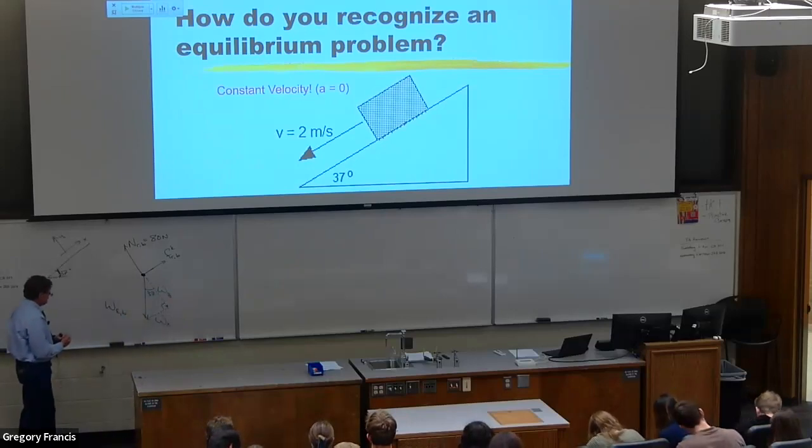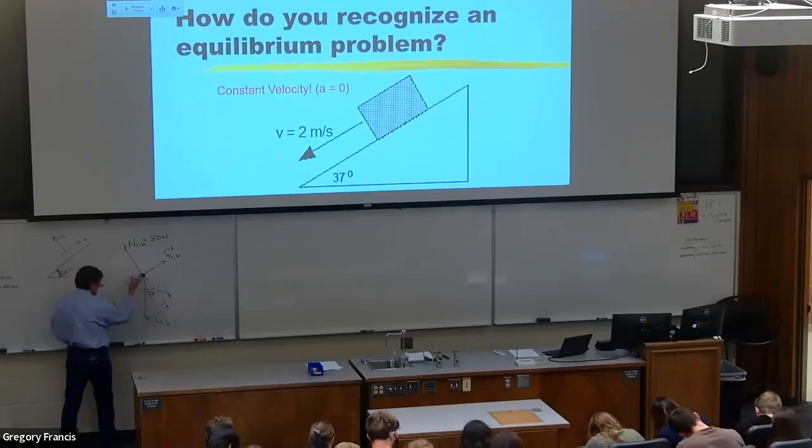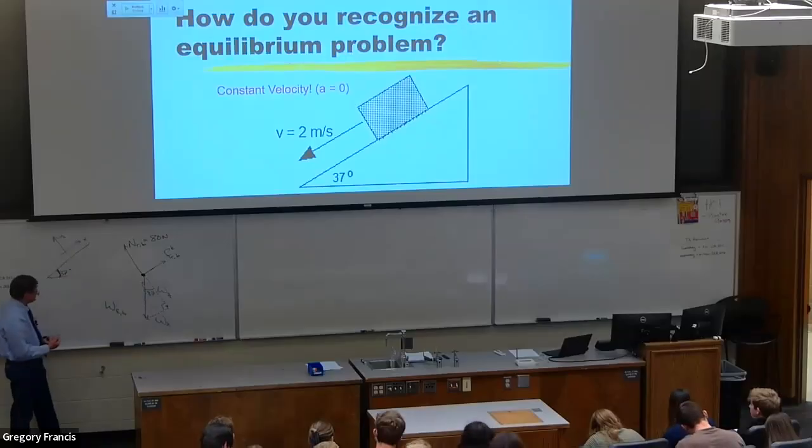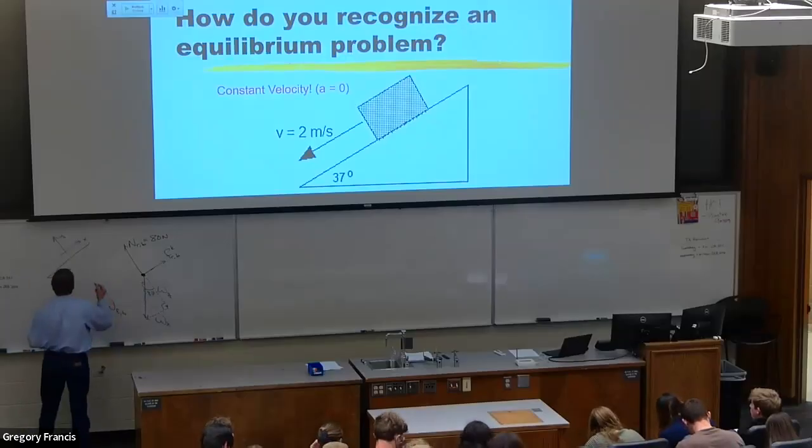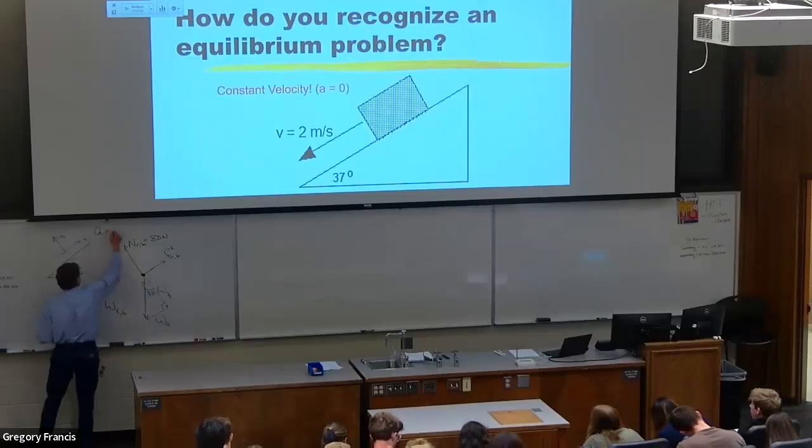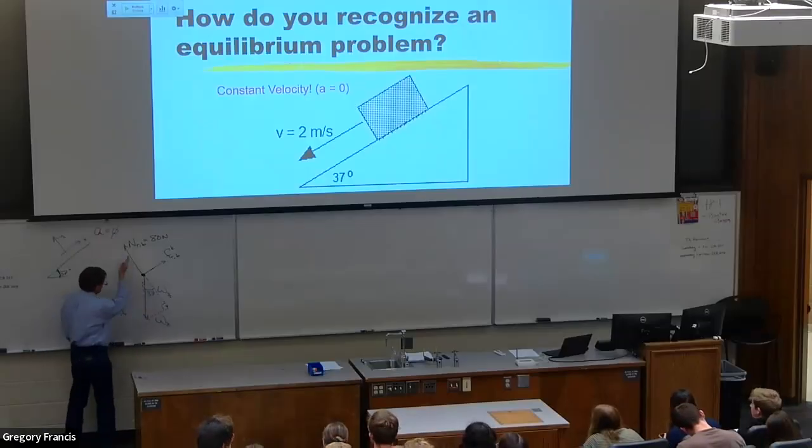Now, once you have broken that up into its parts, you use the parts. The fact that this is acceleration 0, equilibrium, means that this diagram has to scream balance in both directions.